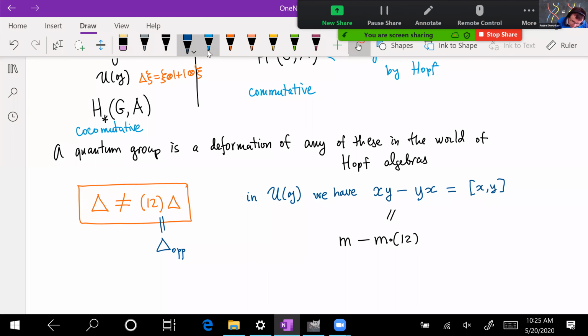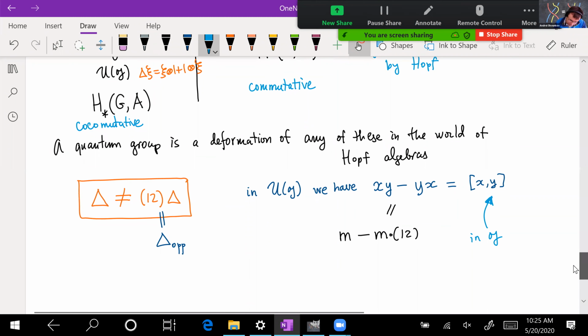It is in my Lie algebra g. So this is an object that is already given to me. I don't just go crazy and make these two things absolutely unrelated.